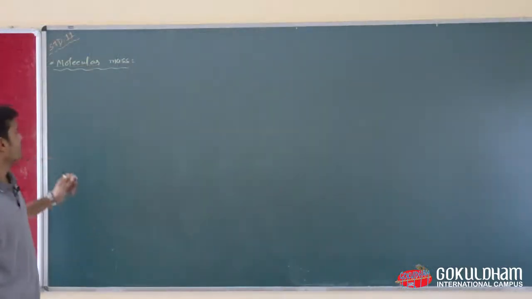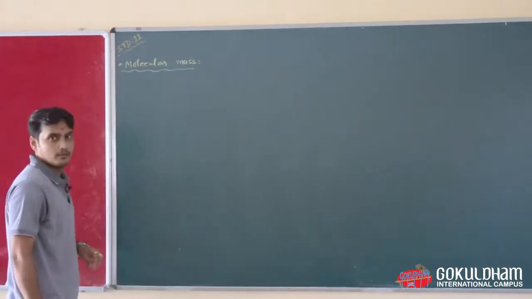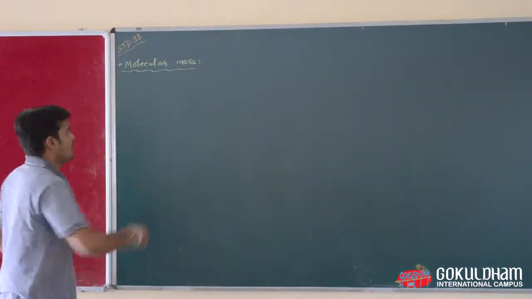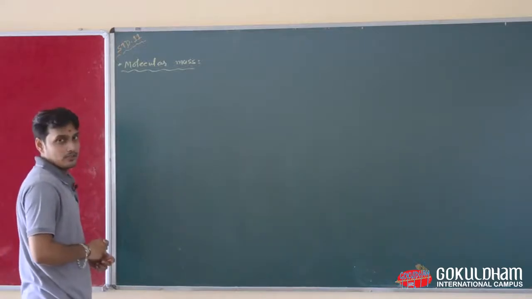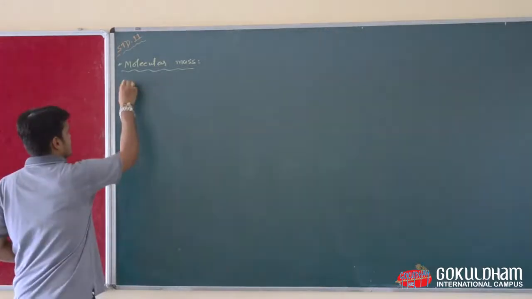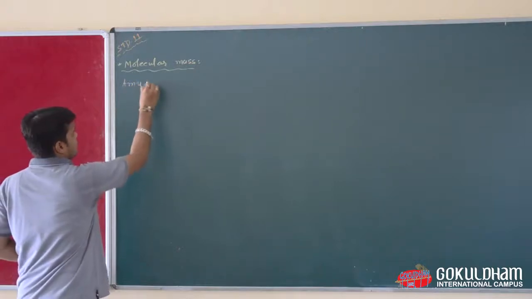After the theory of Dalton, we will discuss molecular mass. Molecular mass means the total of atomic mass. Atomic mass we can say in short as AMU.